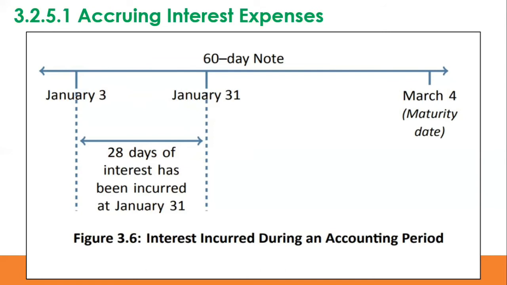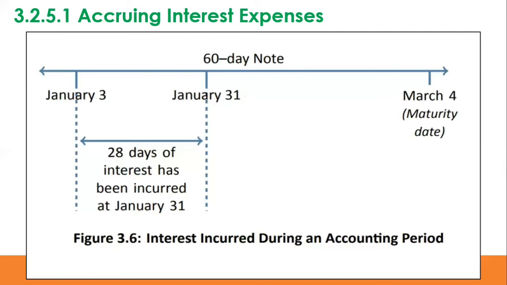Assume it is a 4% 60-day bank loan. As you can notice, it was dated the 3rd of January, which means that on January 31st, 28 days of interest have accrued. So that's January 31st less January 3, equals 28 days.